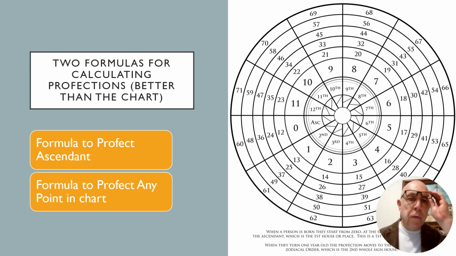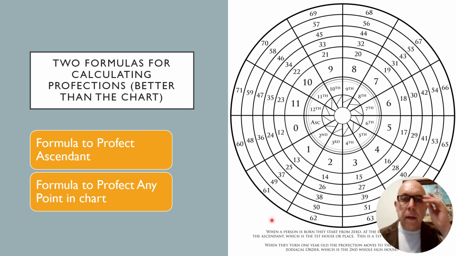There are two formulas for calculating profections, and it's better than this chart over here. One formula is to perfect the ascendant. The second formula is to perfect any point in the chart. A lot of people, when they're trying to figure out where their ascendant has perfected to, might have this type of chart.